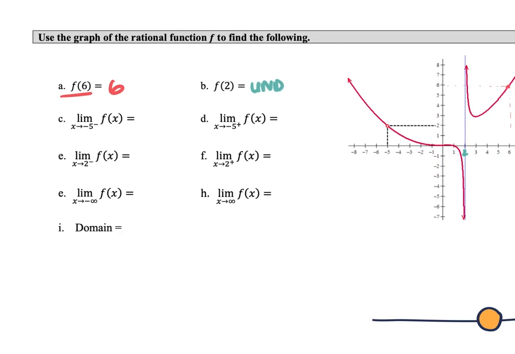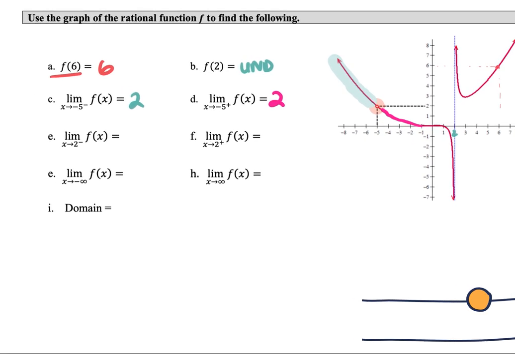I go to C, and it says the limit of my graph as x is approaching -5 from the left. So -5 is here. What's happening as it's coming in from the left? The y would be 2. As it's coming from -5 from the right, also 2.